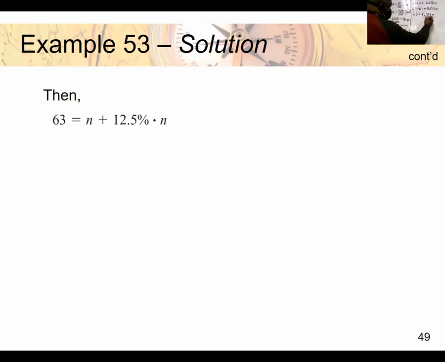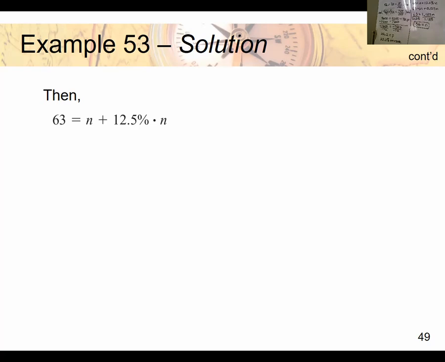And then I'm going to divide both sides by 1.125. So this is what, 56? And a problem like this, if it came out as a decimal, would be kind of a key that it was the wrong answer.